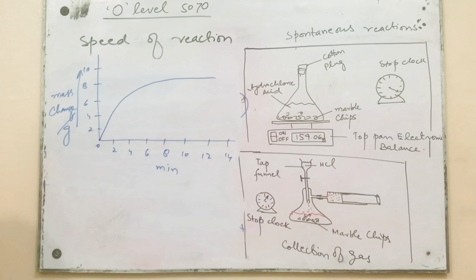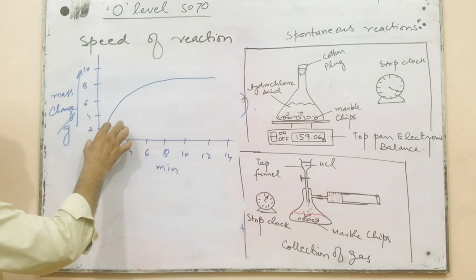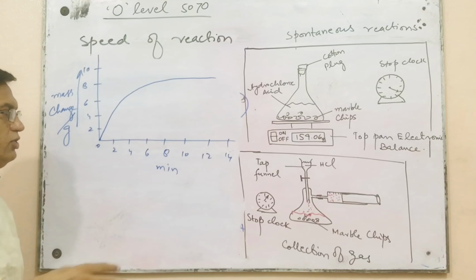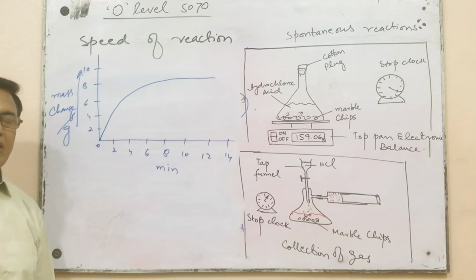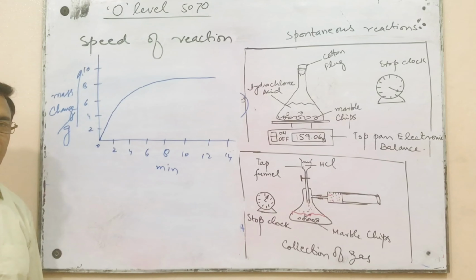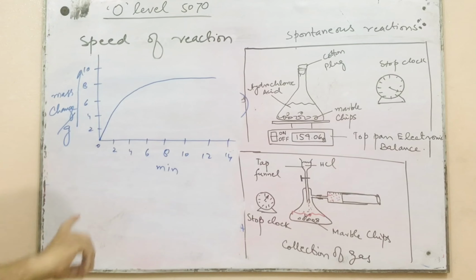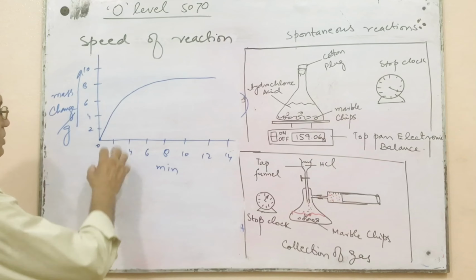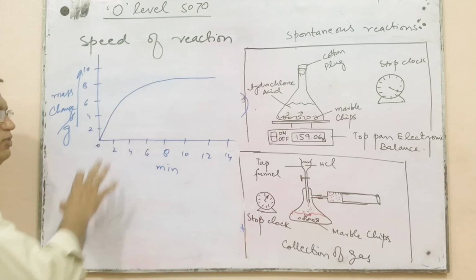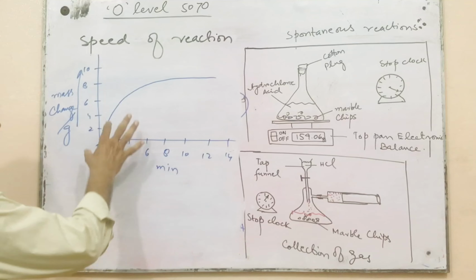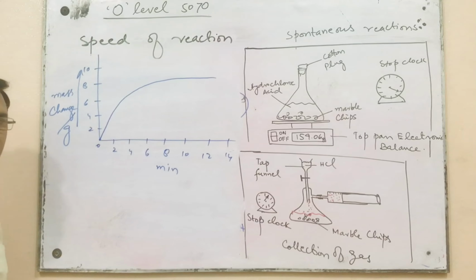Now, in the beginning, the reaction will be much faster because the concentration of both reactants will be maximum in the start, and the rate of reaction is directly proportional to the concentration of the reacting substances. That's why initially the rate of reaction will be very fast, and there will be a large change in the beginning.